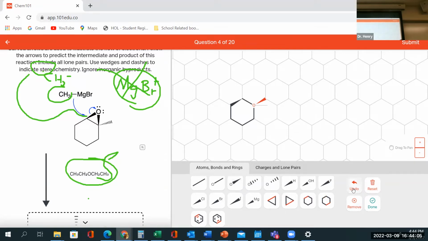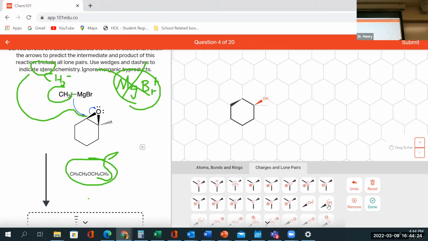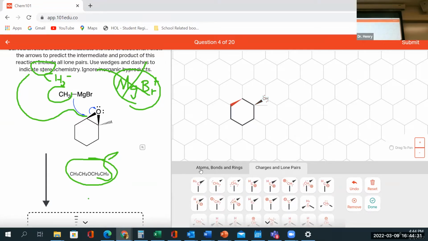Undo. I feel so inept. I need to use this one. Okay, and it has dots, charges. Okay, let me fix that.